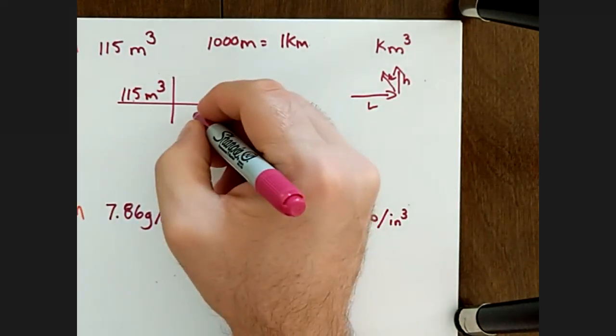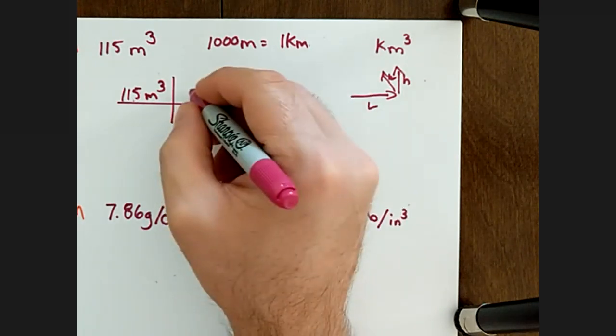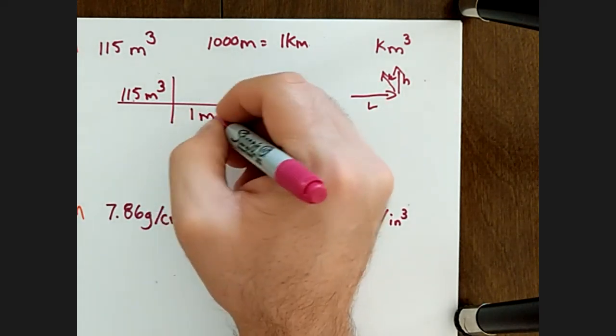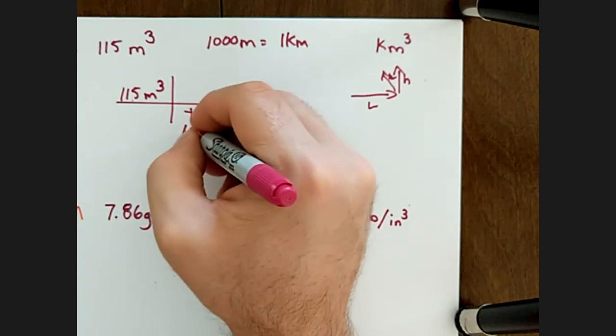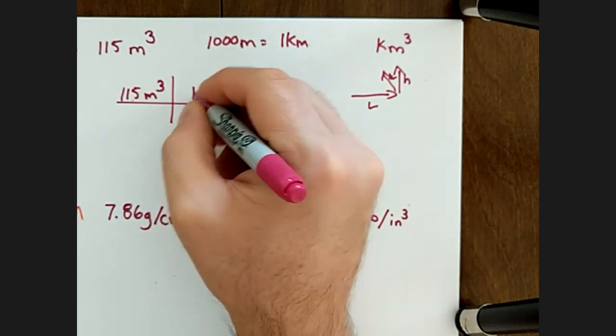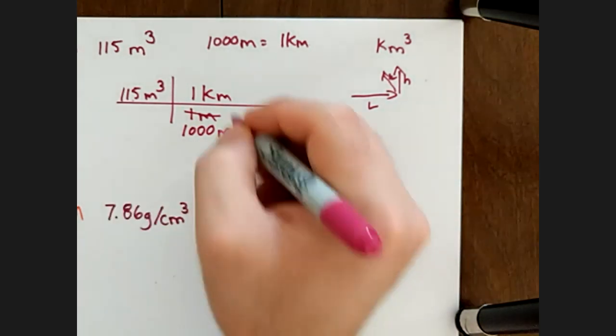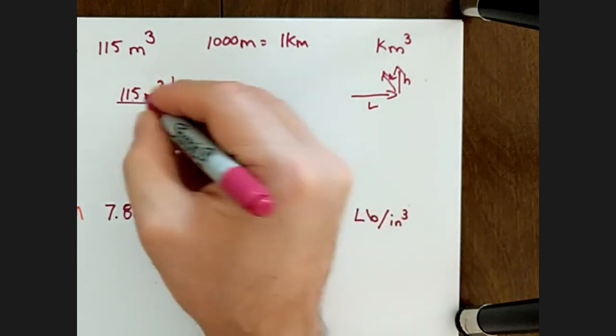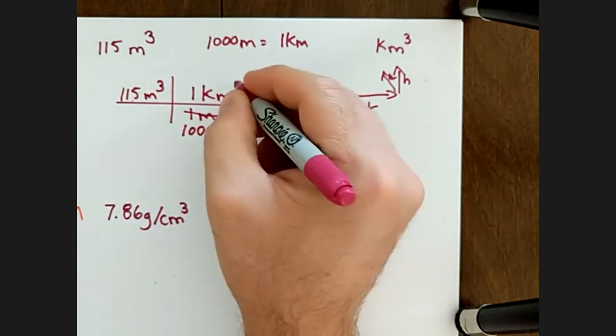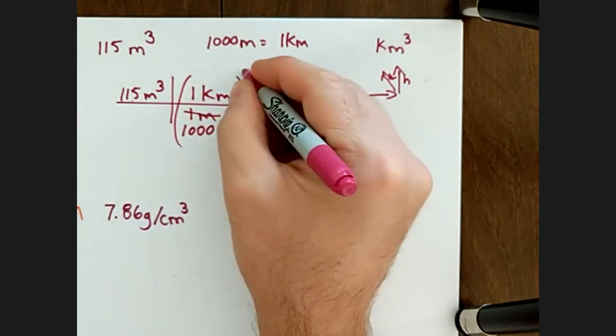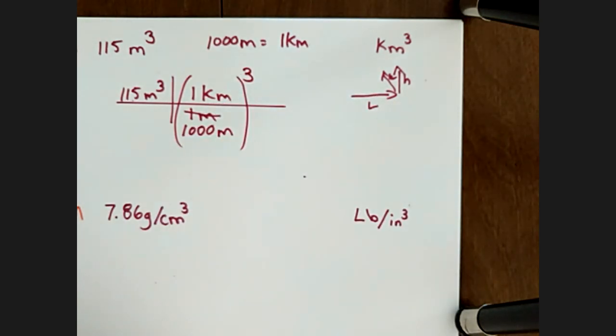We'd still have 1,000 meters in 1 kilometer. Okay, so this is the linear unit. So a meter doesn't cancel with a meter cubed. So the whole conversion factor, you have to cube. Okay, you have to cube the whole conversion factor.